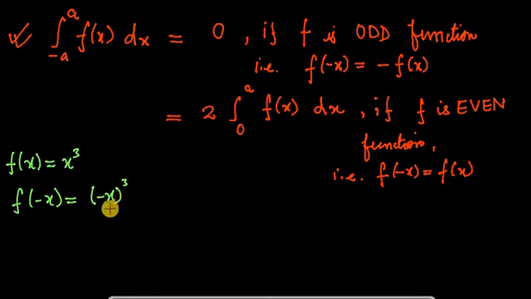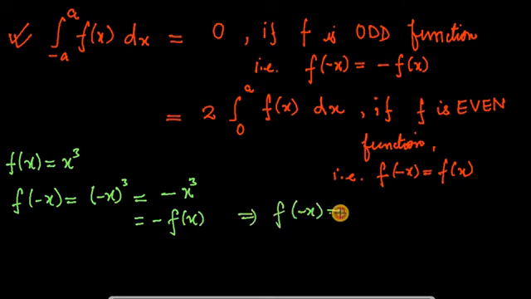Minus x whole cube means minus x multiplied by minus x multiplied by minus x. So minus multiplied 3 times will give minus, and this will be equal to minus x cube. So f of minus x is equal to minus x cube, and x cube is originally f(x), so we can say this is equal to minus f(x). So f of minus x is equal to minus f(x).